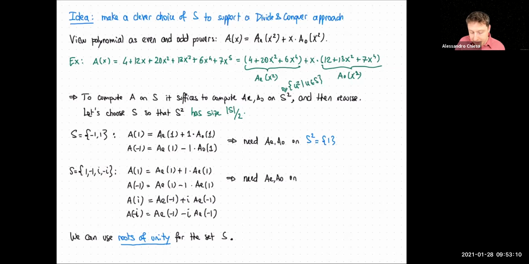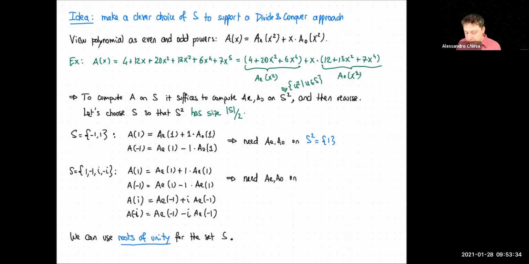Let's say that's my next set, and I want to evaluate A on the 4 points 1, -1, i, and minus i. If I use again this expression, because 1 and -1 have the same square, I basically have the same situation as before. And the square of i is -1, and the square of minus i is also -1. So I have some other expression like this.